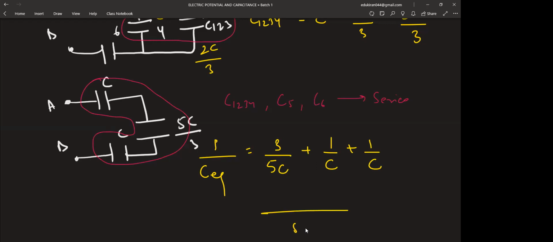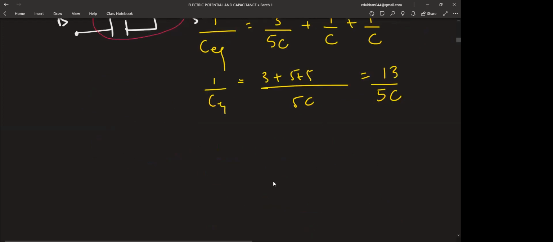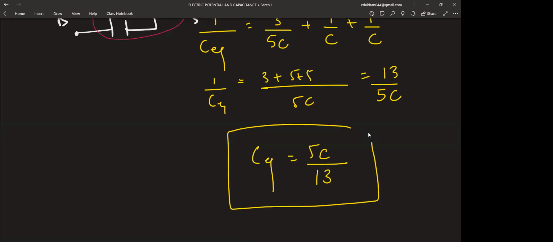So LCM is 5C. This becomes 3 plus 5 plus 5, so this is 13 by 5C. But this is not my answer. C equivalent will be 5C by 13. Tell me, class, is this question clear to all of you? Khadija, Yahya, Zaina? Yes, ma'am. All right, good.